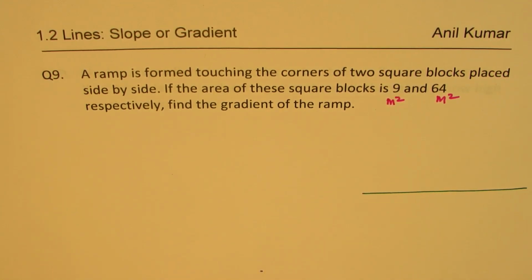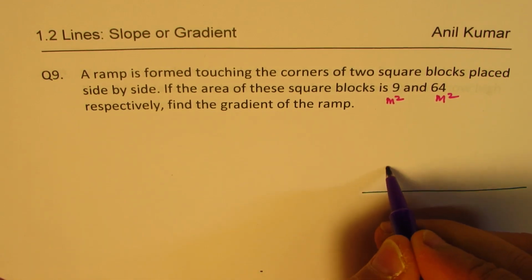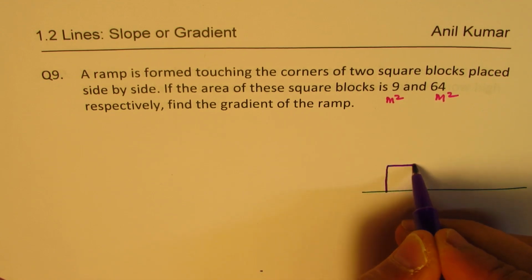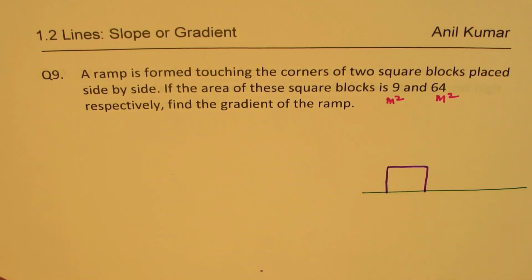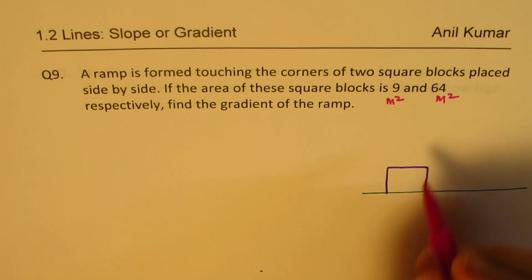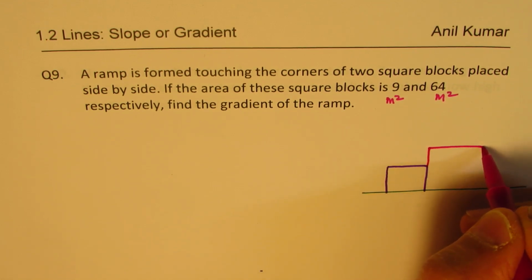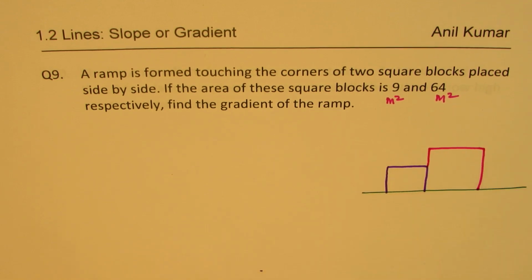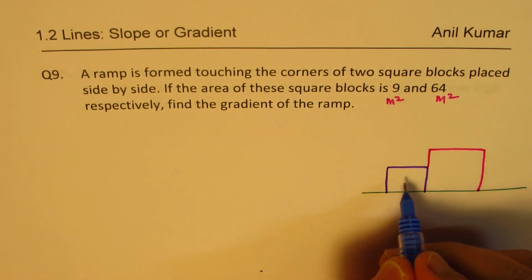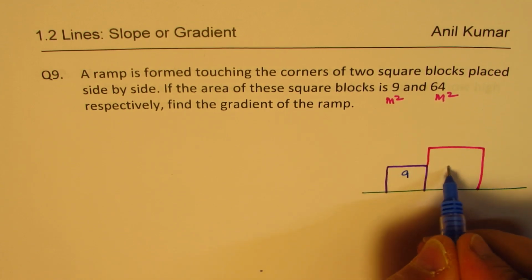Let's say this is the ground. We'll assume this to be a level ground on which we have two square blocks. Let's make two square blocks. One square block and then the other one. So the other one is bigger, okay. We are given that these square blocks have area of 9 and 64.